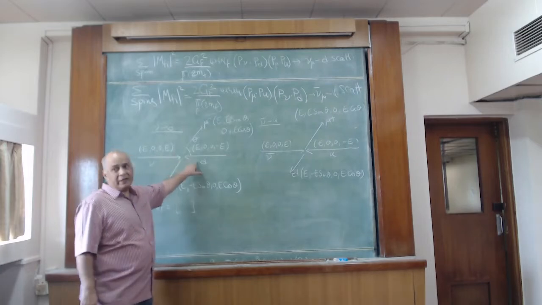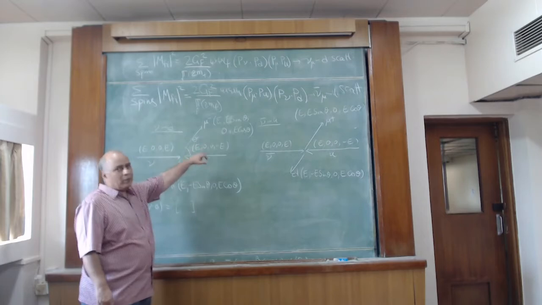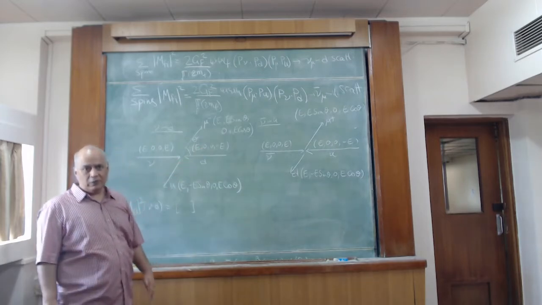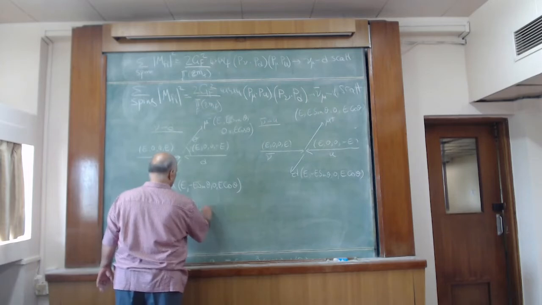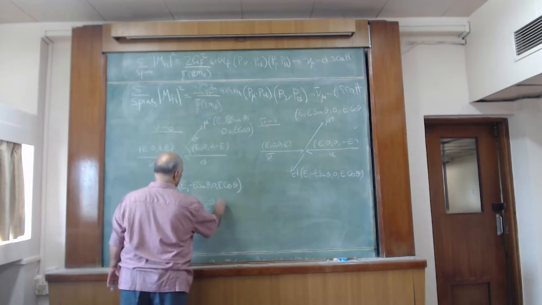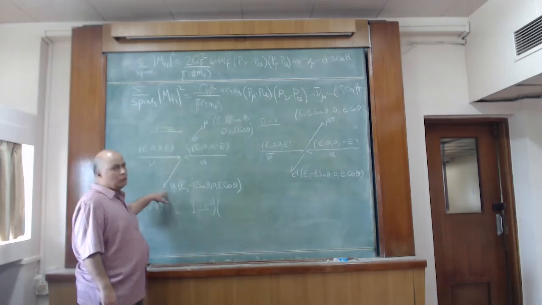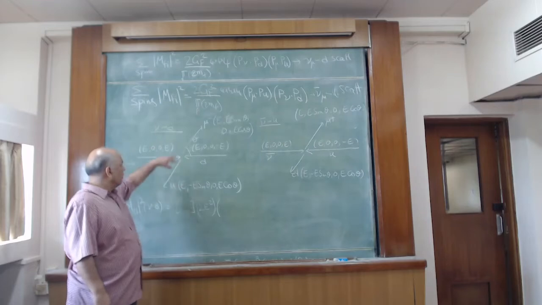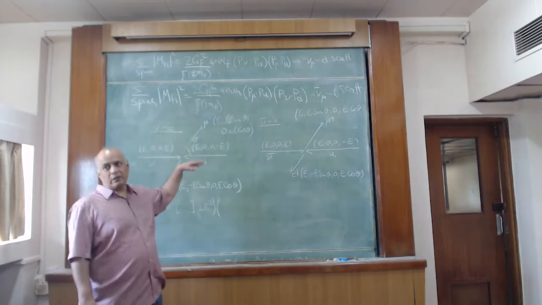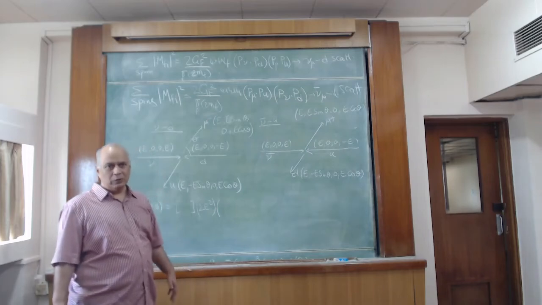P nu dot pd is E square plus E square, 2E square. Similarly, p mu dot pu is E square minus E square sine square theta minus E square cos square theta, also 2E square.